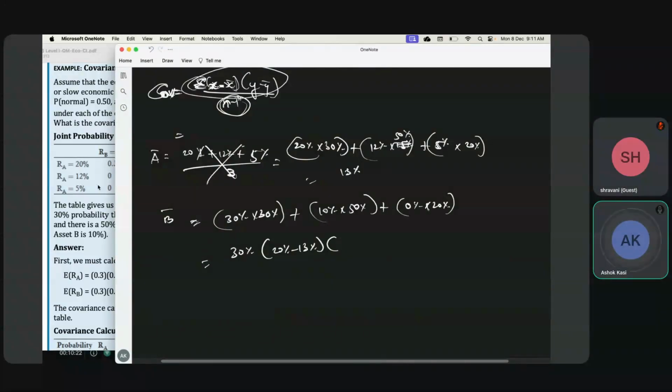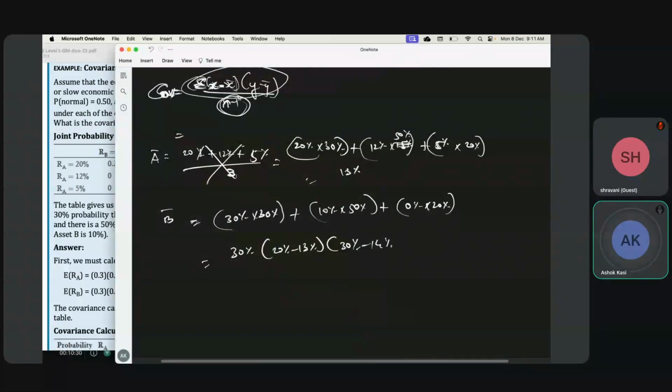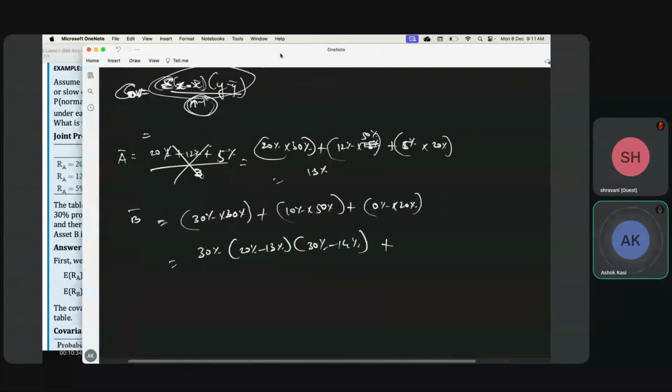Y is 30 percent minus y bar, which is 14 percent. I'm directly taking it here. Plus, next is again x minus x bar into y minus y bar.